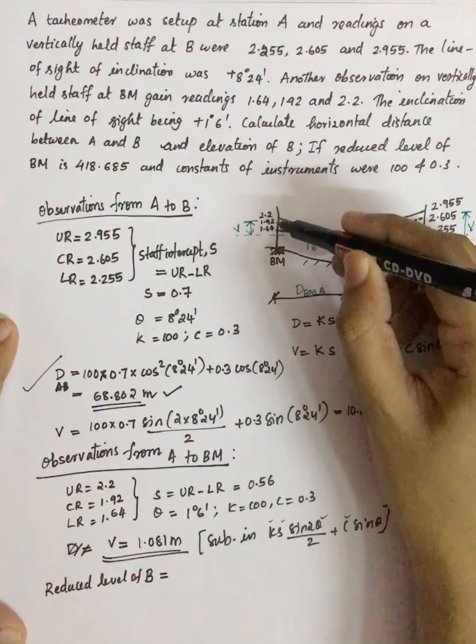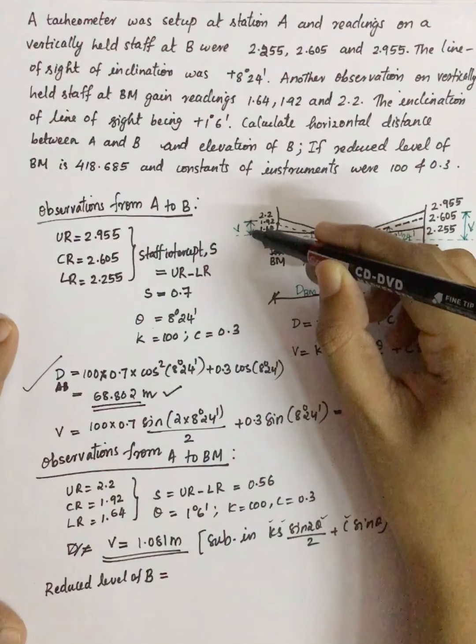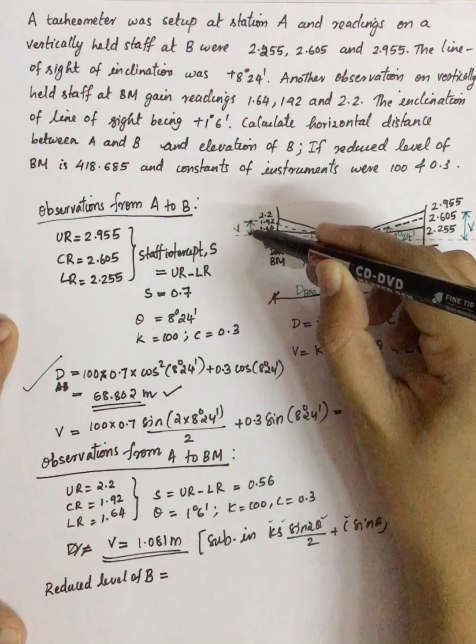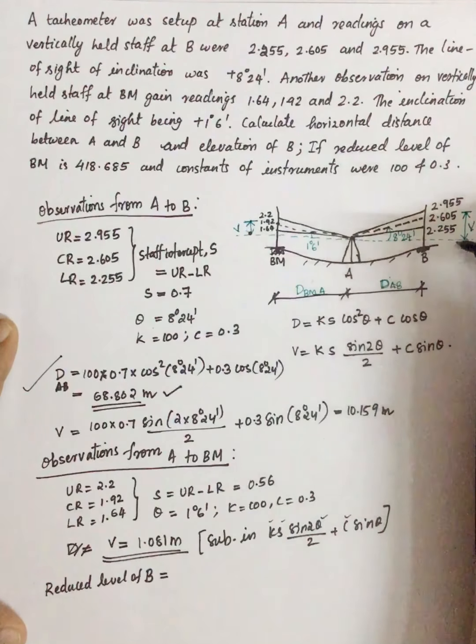So you will reach here, central reading, minus V of benchmark. You can deduct V of benchmark. So you will reach this horizontal axis, plus V of station B. So again you reach the central reading of B, minus the central reading of B will give you the reduced level of B.